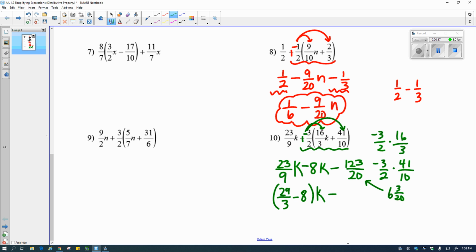The k I'll put in at the end. You can't put the variable into your calculator. So then I can do this 29/3 minus 8. Again, it's just a matter of plugging that into your calculator. So I would end up with 5/3 k minus 123/20. And that would be my final simplified form.